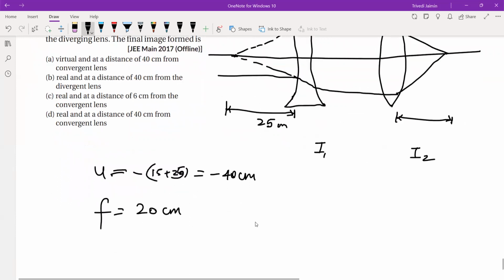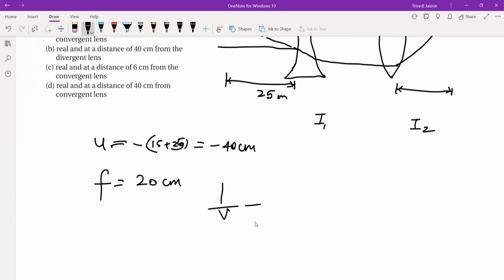So lens formula: 1 by v equals 1 by 20 minus 1 by 40. So it will be 40 only, right? 2 minus 1, 40, yes. 40 centimeter. So we got v as positive here, so it is real.